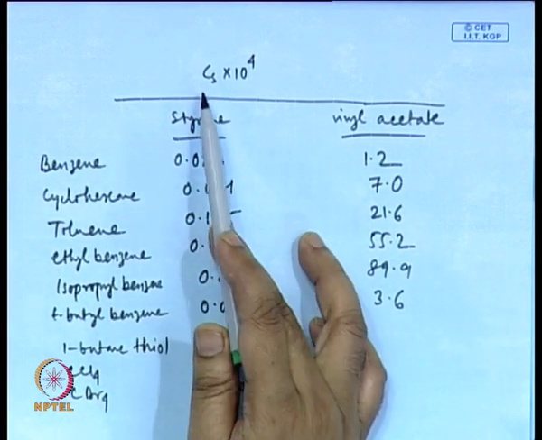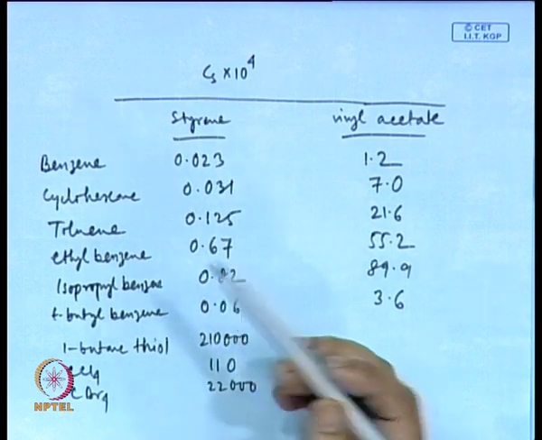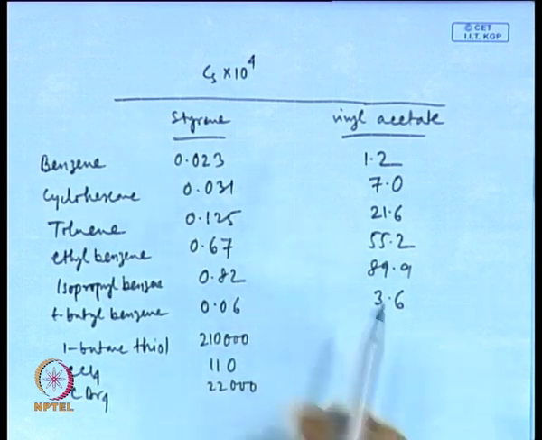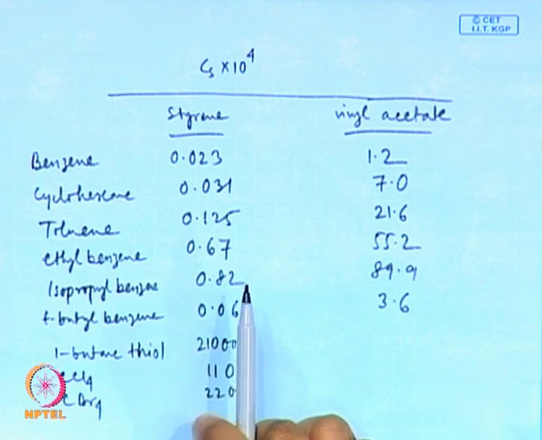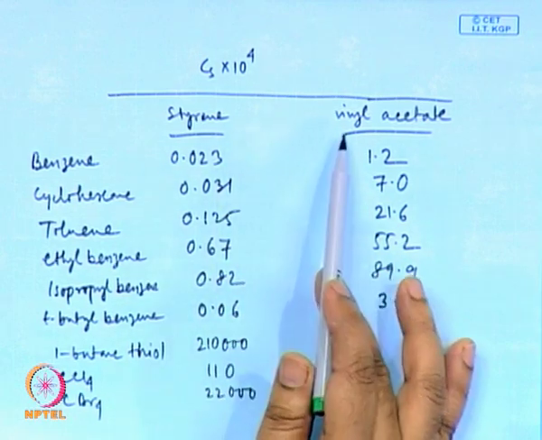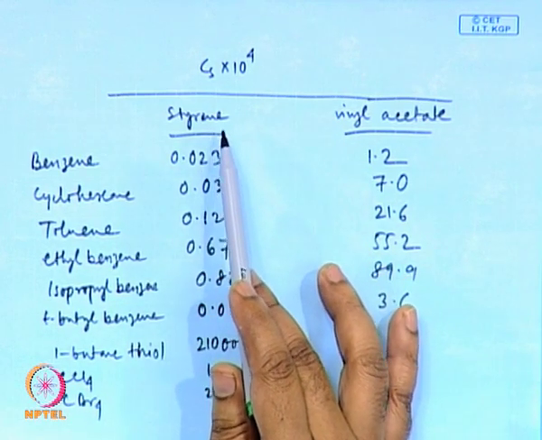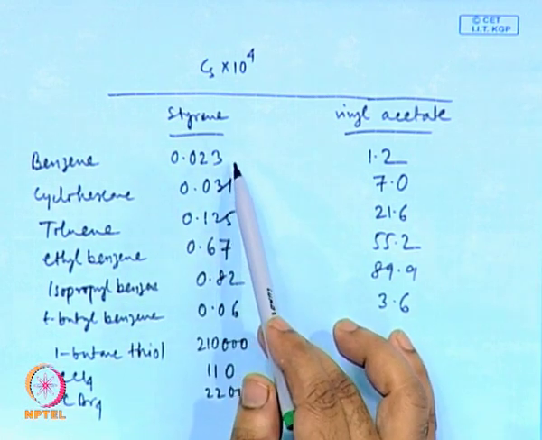Cs is the chain transfer constant for the solvent. So, the higher the value, the higher is the tendency for that solvent to undergo transfer reaction. We have listed here the values for polymerization of two monomers, styrene and vinyl acetate, and look at the values.